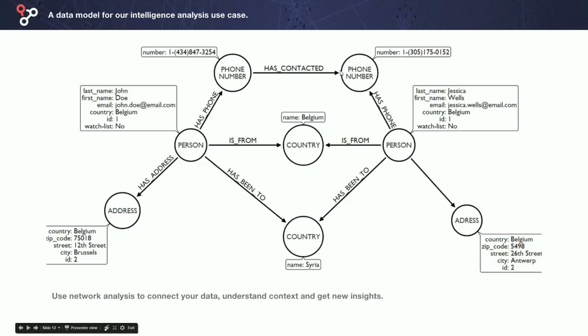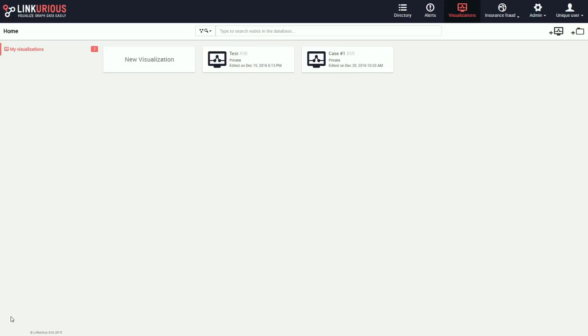So here is a brief summary of the data that we are going to be analyzing right now. And to conduct that analysis, we will be using Linkurious Enterprise. Here is the interface of Linkurious Enterprise. We will be using it to investigate the data that I just showcased.